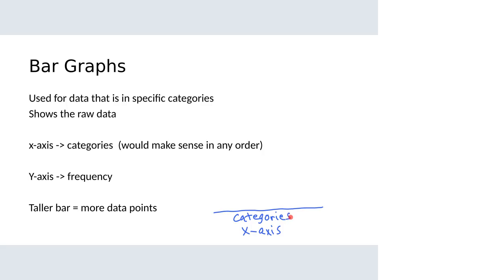Whatever those categories might be, they go across the x-axis. And then over here, we would have the y-axis, and those would show us the frequency. How many data points are there within each one of these categories? And then we would have bars that go along with those categories, and the taller the bar, the more data points there are within a certain category.